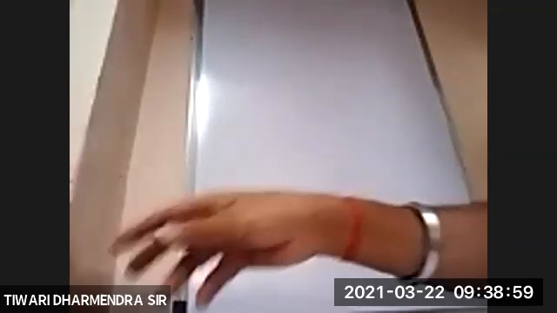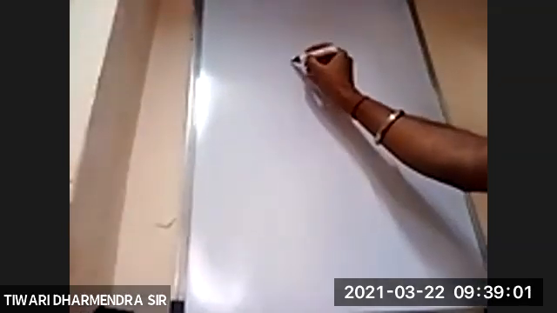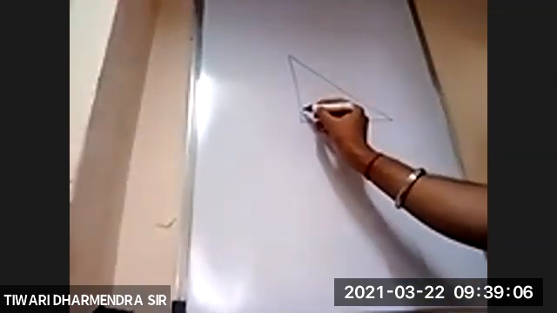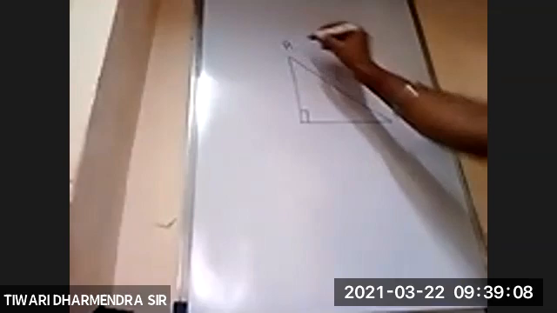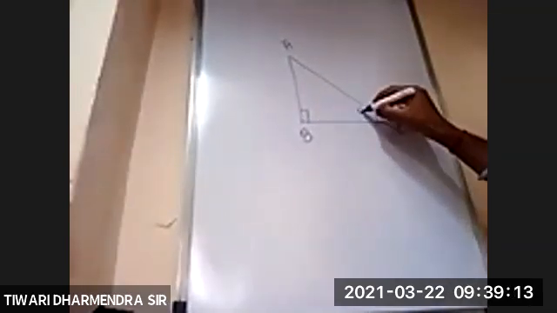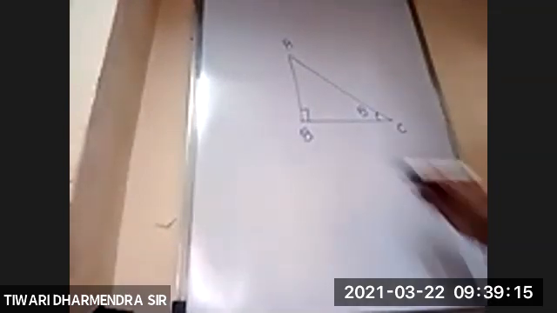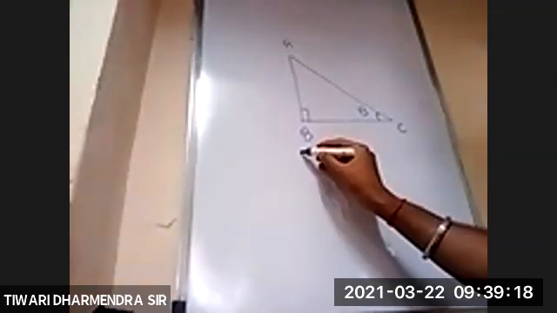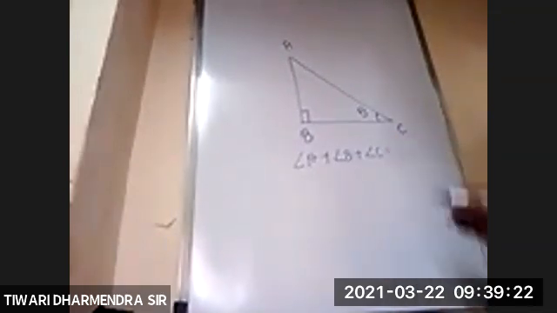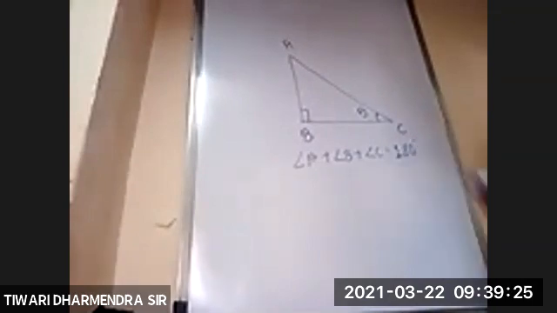As I've already told you, say we are having a right angle triangle A, B, C. This is 90 degrees, this is theta. We know that angle A plus angle B plus angle C is equal to how much? 180 degrees. The sum of the measures of all angles of a triangle is 180 degrees.